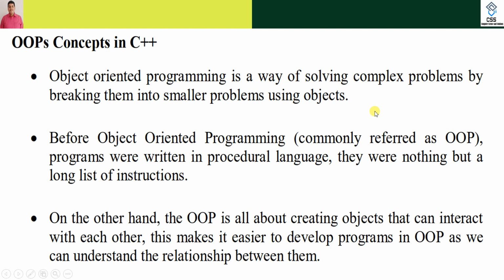We do not have to make a single segment, we have to divide a problem into small modules, and each small module provides the solution of a complex or big problem. That is also possible in object-oriented programming.